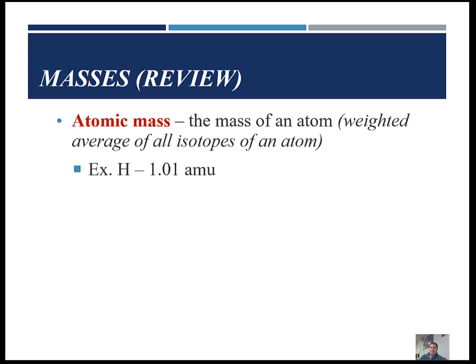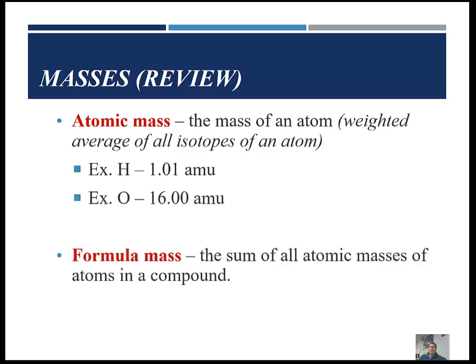For example, hydrogen has a mass of 1.01 AMU. We can then also talk about what we call the formula mass, and the formula mass is just the total mass of one molecule of a substance or one compound. For example, if we add 2 hydrogens to 1 oxygen, we get a total mass of 18.02 AMU.